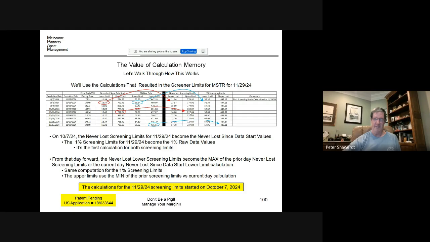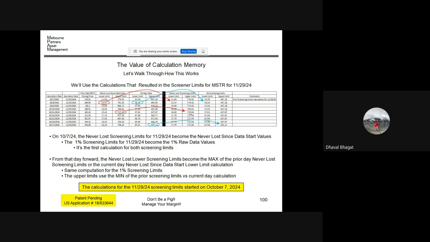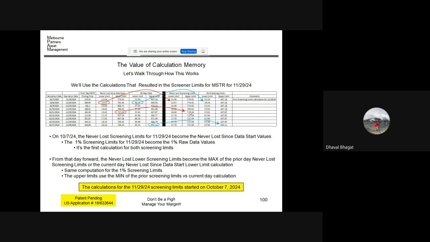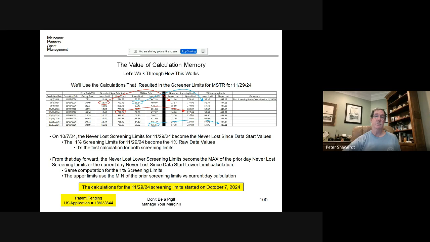That's almost 65 years worth of data, about 16,200 and some odd data points. So my odds of losing on a never lost for that are 1 divided by 16,300. Feel pretty safe about that.